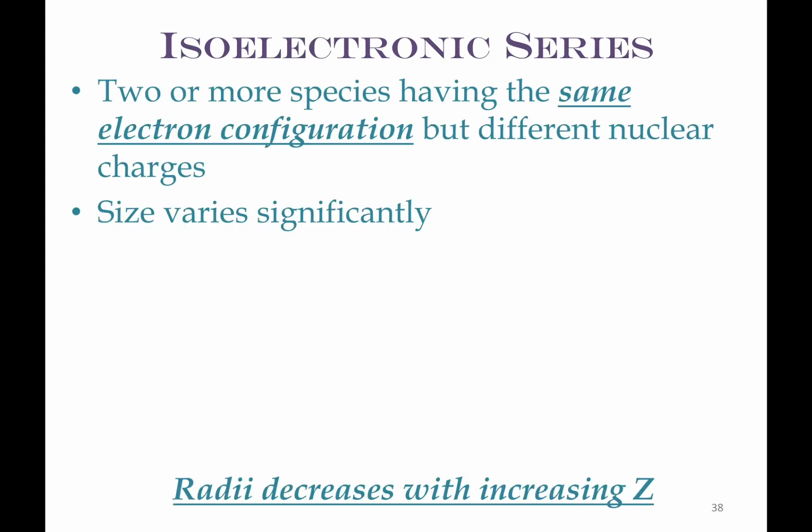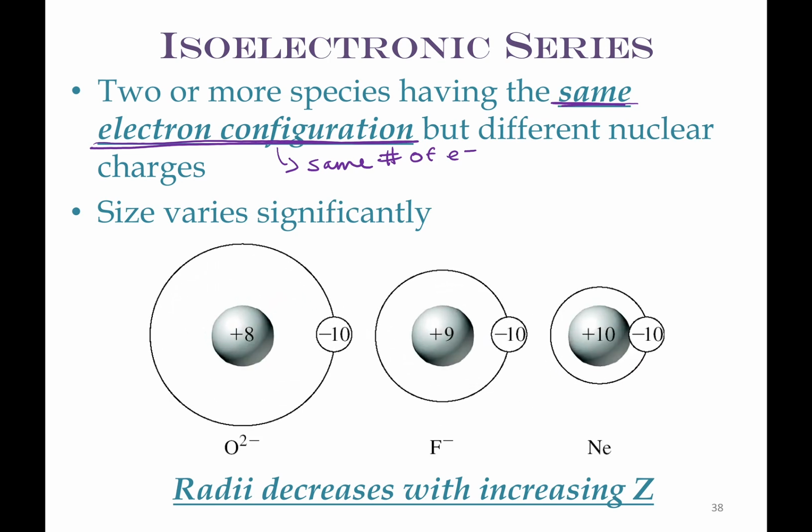So within an isoelectronic series, and what does isoelectronic mean again? We have the same electron configuration, which is easy to tell because it means it has the same number of electrons, because we always fill in the same order. The size is going to vary. So if I ever ask you to do this, I'm always going to ask you within an isoelectronic series. So here we have an isoelectronic series because oxygen minus 2, so oxide, oxygen had how many electrons?